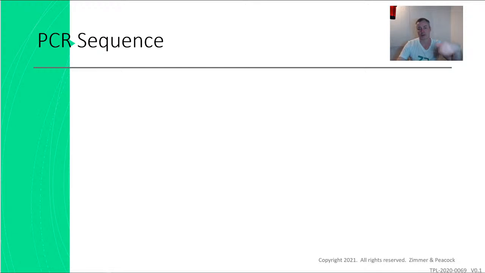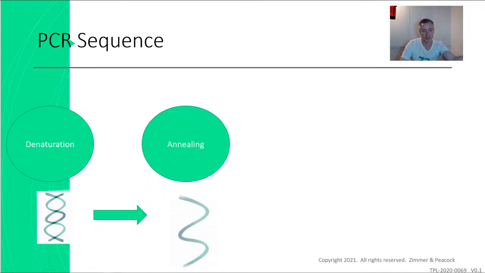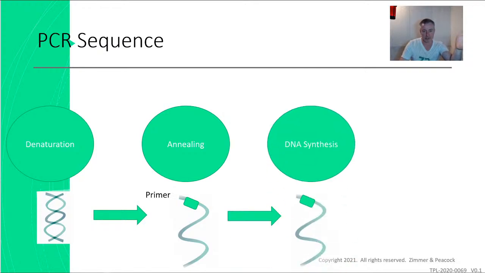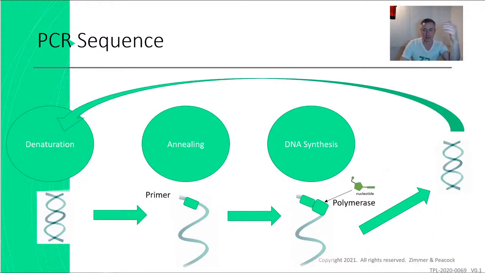I'm showing an almost traditional PCR, and we appreciate that there are isothermal PCR techniques, but where you take the DNA, you anneal it to form the single strand, you add a primer, you add the polymerase, and then in the presence of these nucleotides, you're able to form the corresponding strand, and then you can anneal. So we're quite used to, at Zimmer and Peacock, using PCR as part of biosensing.